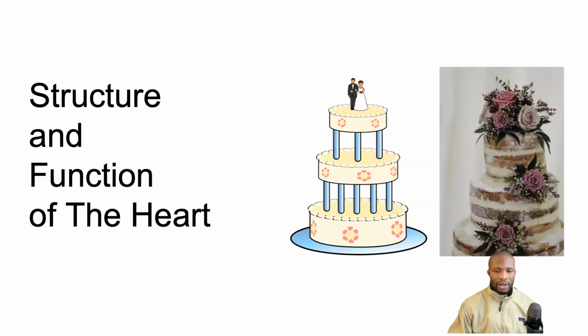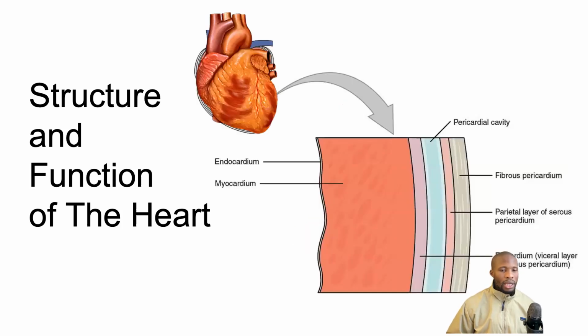And I like to think of the heart as a cake. And cakes, they have how they look on the outside, but once you cut into them, you can see that there are different layers. The heart's no different. On the outside, we can see what the heart looks like, but once we cut into the heart, we start to see different layers that gives us further information about the actual structure of the heart.